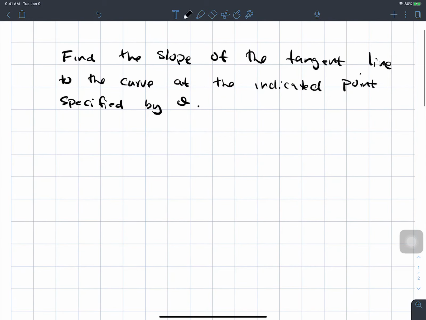And so the first example that we'll look at is the function r is the natural log of theta. And the angle they're going to say is e here. So here's r versus theta, and theta is the angle e.